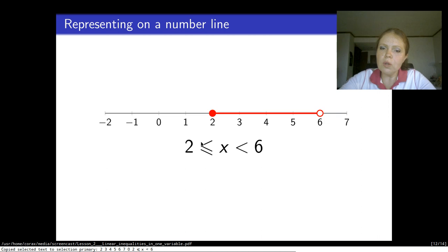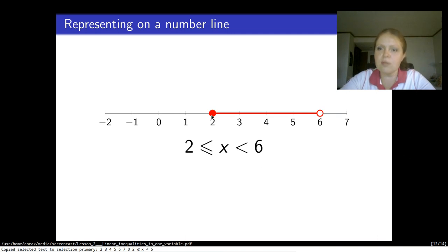So all numbers greater than number 2 are going to the right of number 2. These numbers 3, 4, 5, all of these numbers are greater than 2. Can you see 2 is a closed circle because x can be equal to number 2.